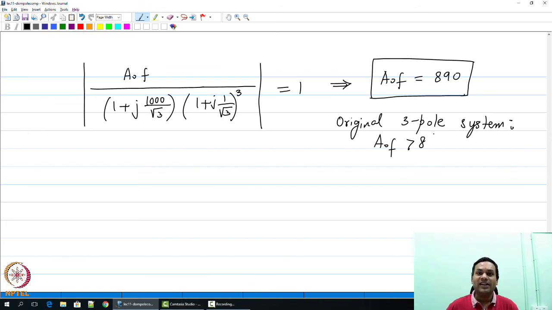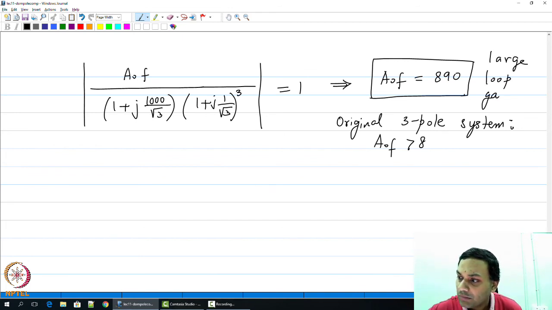If you tried to increase A0F beyond 8, the system would have become unstable, right? Now by adding the dominant pole, the value of loop gain can now be much larger. So you can see it is almost 2 orders of magnitude larger than the original value. So this is a large loop gain compared to the original case.